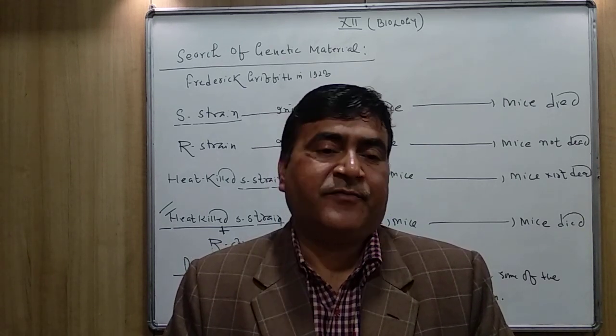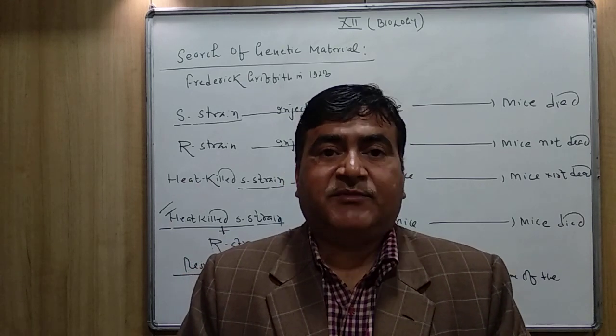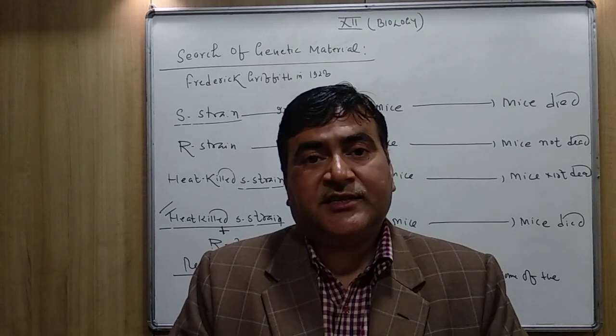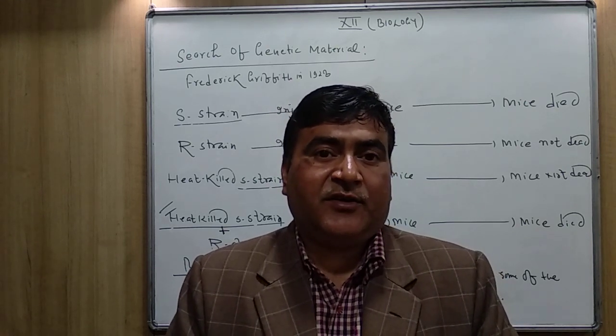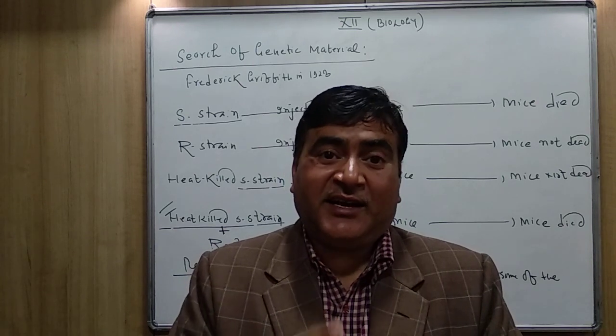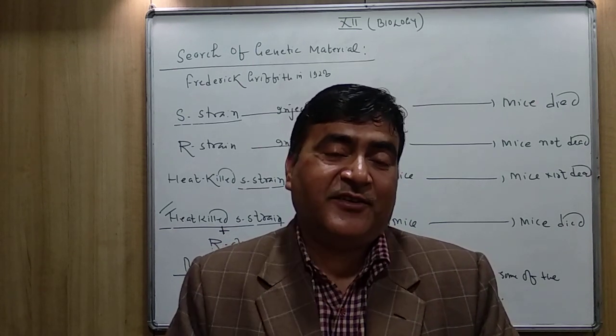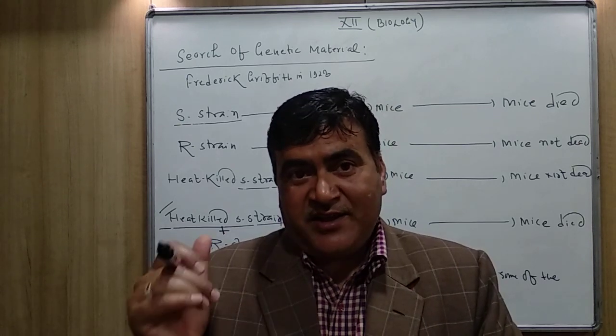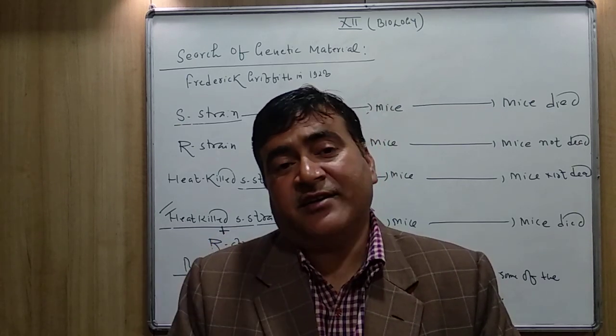So overall, the search for the genetic material, that DNA is the genetic material, started from the experiment of Griffith, which was initiated in 1929.